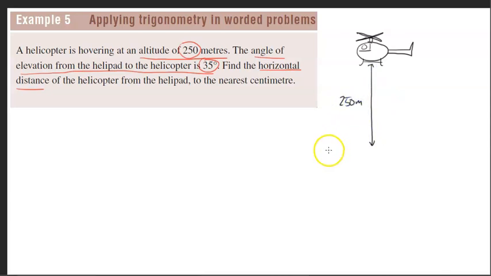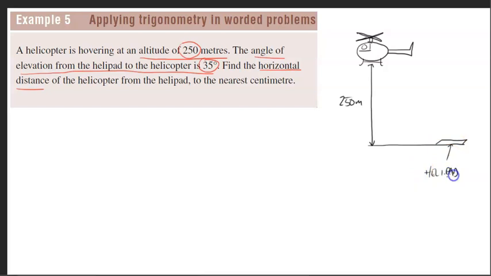The angle of elevation is from a horizontal going up, and this is from the helipad. Obviously that helipad has to be on the ground somewhere. So I want to draw the ground, and the helipad is somewhere along here. Alright, so there's a helipad right there.